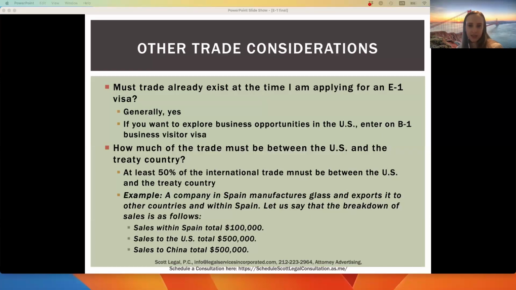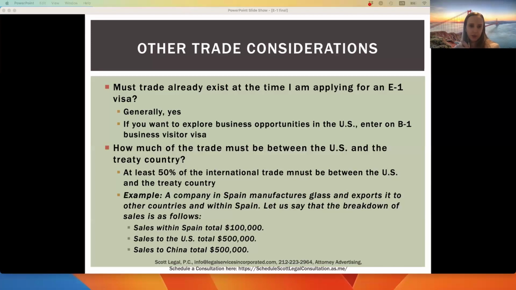A company in Spain manufactures glass and exports it to other countries, and also just trades within Spain. So, sales within Spain are $100,000. Sales to the US are $500,000, and sales to China are $500,000 as well.